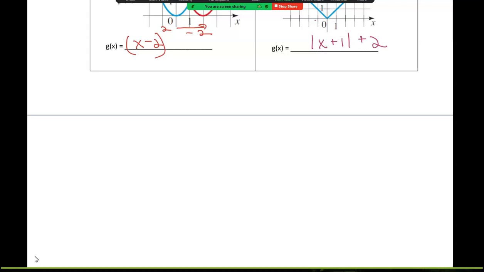Okay, that means sometimes if they're more advanced and you have things like flips and stretches, that you're going to have to be able to pick the 5 good points to work with by thinking about how your parent function is being transformed and picking x values that will help you identify that transformation. Okay, so that's all I have for you. I hope this helped.